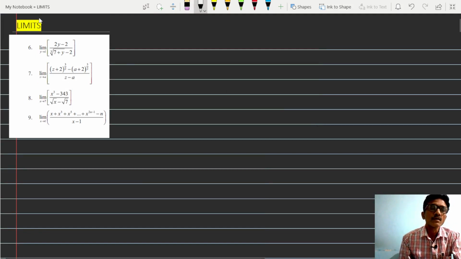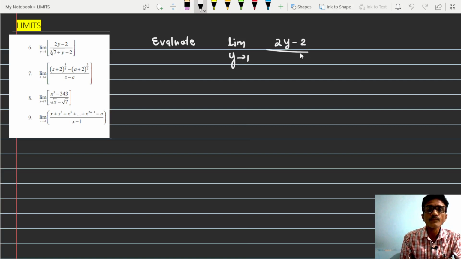You have to evaluate the limit as y tends to 1 of (2y minus 2) upon (cube root of 7 plus y, minus 2).